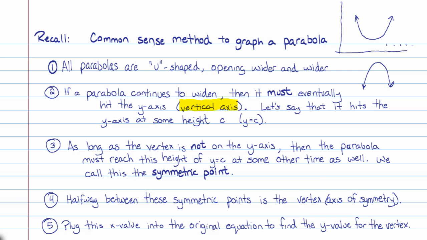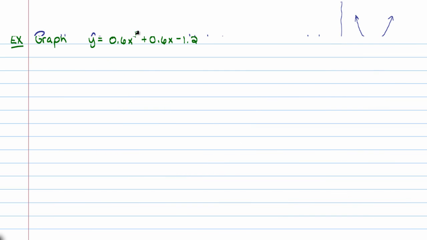This is just a method I taught in the previous lecture. So we'll try this out with just a single equation, just to get the feel of it. So let's go ahead and graph 0.6x squared plus 0.6x minus 1.2. I know it's going to be parabolic because it's a second degree polynomial.